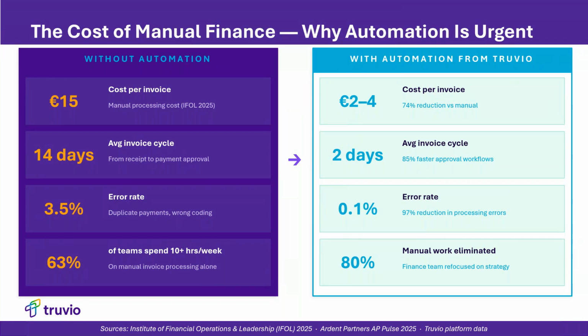So if we look at the left side here, we can see some typical challenges in manual processes and with no automation. The cost per invoice is relatively high. Cycle times are long. Errors are more likely to occur, and finance teams are still spending a lot of time on those repetitive administration tasks.